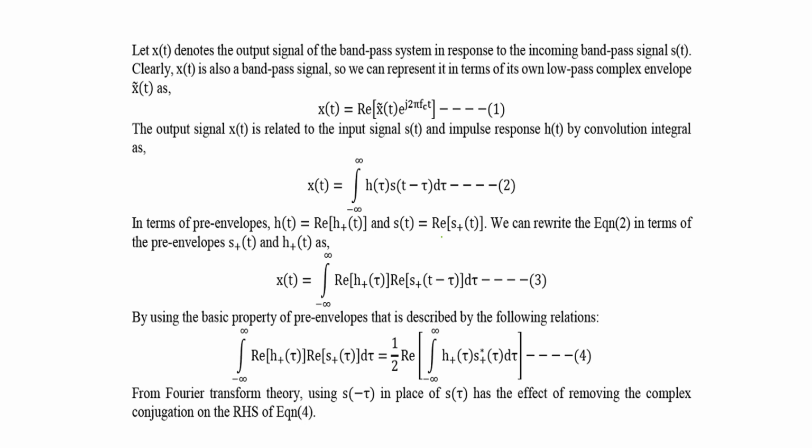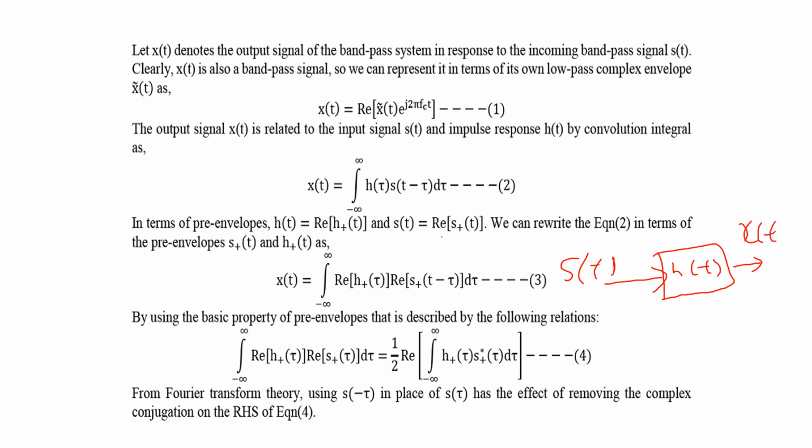When you combine both, you feed one system having the impulse response h(t), and you feed the input s(t), and take the output as x(t).